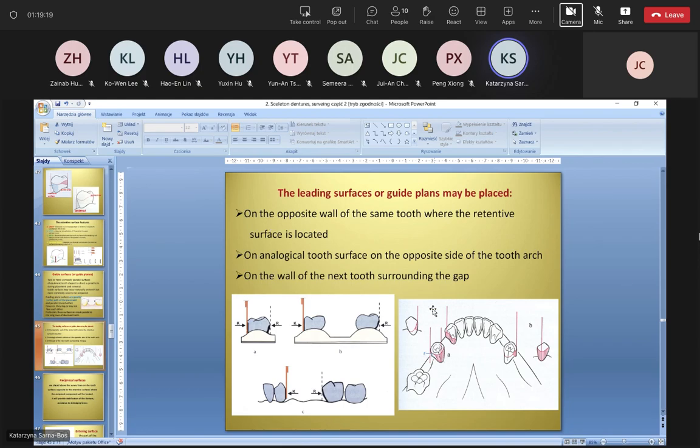So once again, I will explain everything on that picture. Here we have the retentive surface, R, the blue one, and the guide planes may be placed on the opposite wall on the same tooth where the retentive surface is located, on the analogical tooth surface on the opposite side of the tooth arch, so here, and on the wall of the next tooth surrounding the gap, so here.